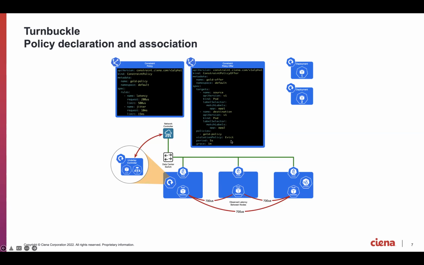You can see the violation policy is evict, which basically means when the policy is violated, we evict the pod and have it rescheduled. You can also see period and grace. Period is how often the policy should be reevaluated, and here it's 5 seconds. Grace is how long the policy must be violated, or outside the constraint's limit value, before we consider it violated.